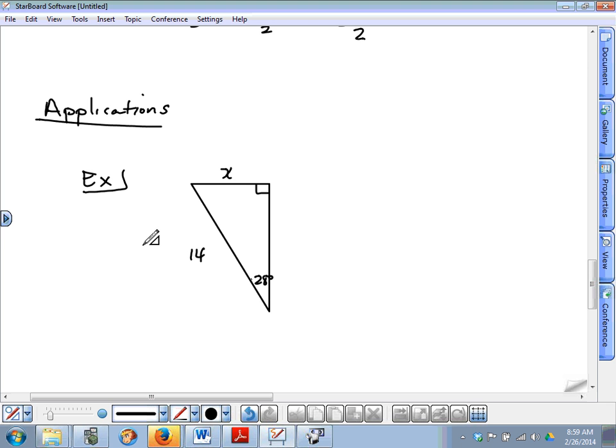Most of the problems coming from this section include triangle diagrams where you have to solve for a missing side or you have to solve for a missing angle. This is what you can expect for the most part.